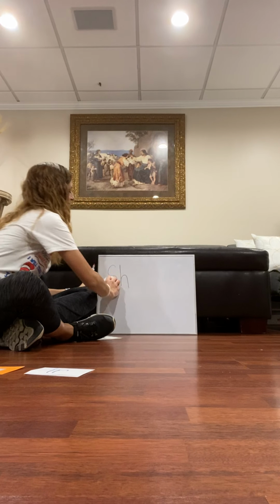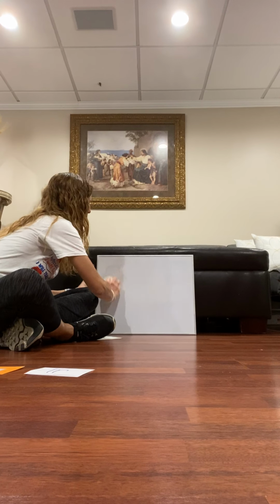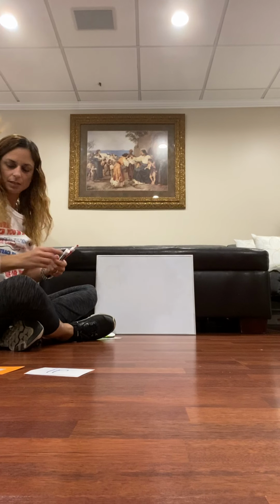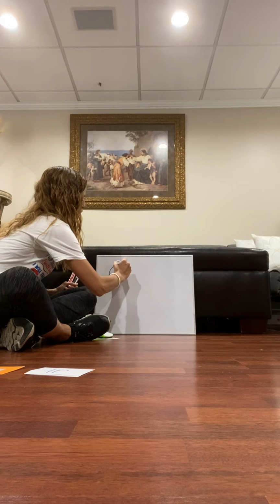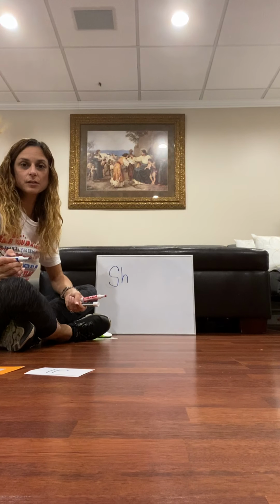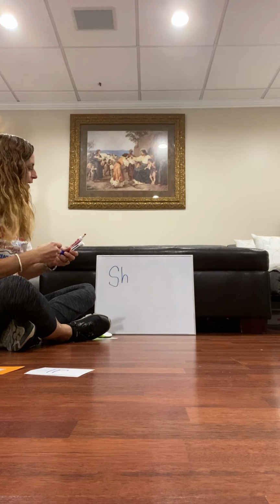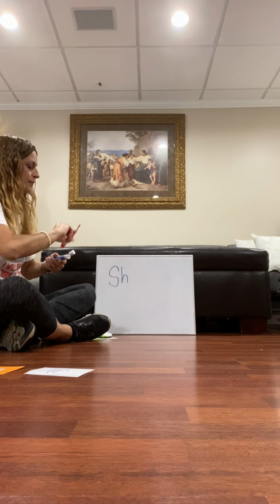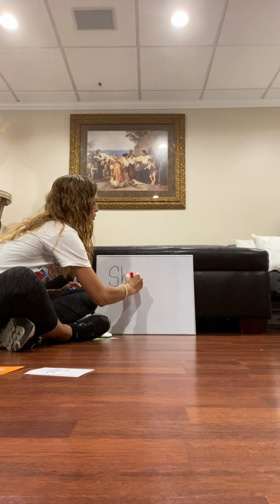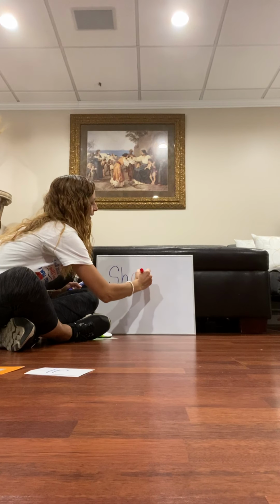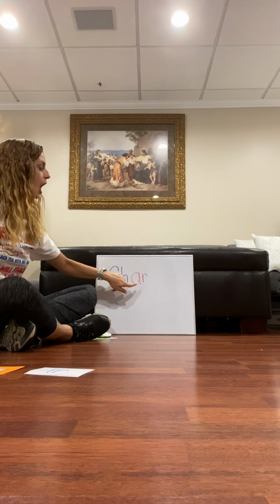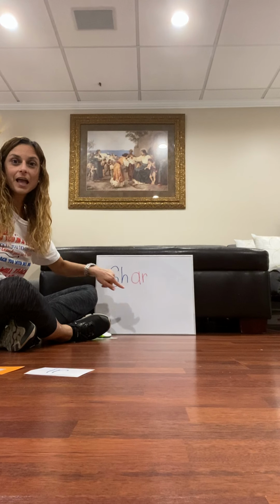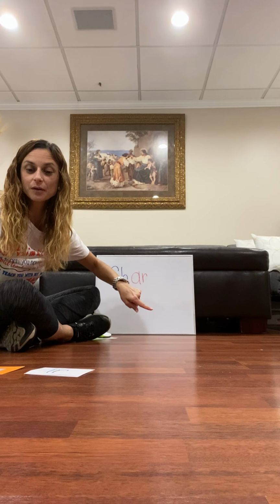For some reason, boys and girls, you can't see it too well. So I'm going to go ahead and use a blue one. Does that look better? Yeah. Okay. So we got shh. Then we have R, which is what? Two letters? Shh. R. K. What do you think that is?